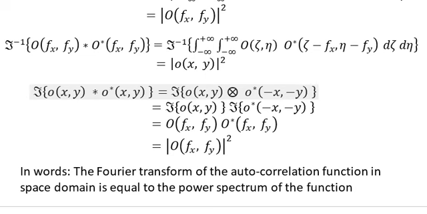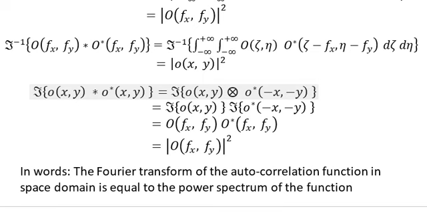So there is a Fourier transform that we have represented over here, but you know that here we have represented the autocorrelation definition in terms of the convolution definition. Look at the convolution definition that we have correlated with the autocorrelation function, and that is the Fourier transform of the object O at coordinates x comma y convolved with the complex conjugate at the coordinates minus x comma minus y.